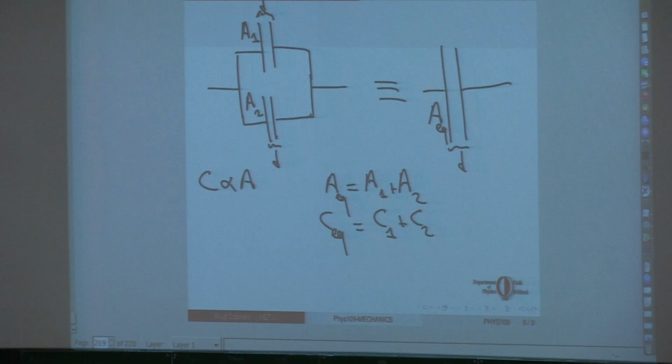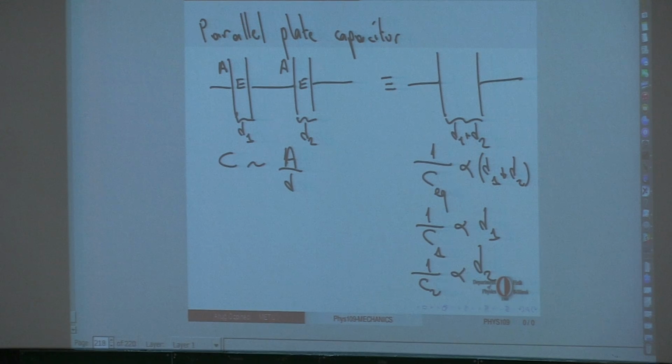In these results, we are not making any assumption about the shape of the capacitor. It's just some system over there. It can have arbitrarily complicated shapes. The thing that we know is their capacitances. If we know the capacitance of each one, then we can calculate the capacitance of the combined system, independent of how complicated the internals can be.